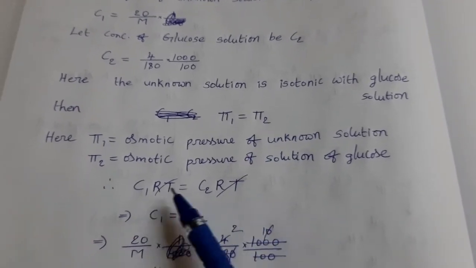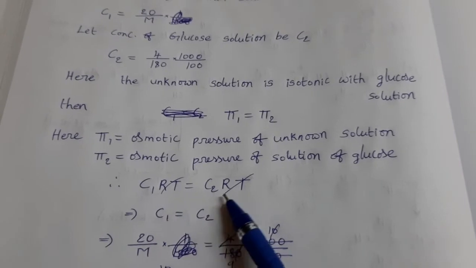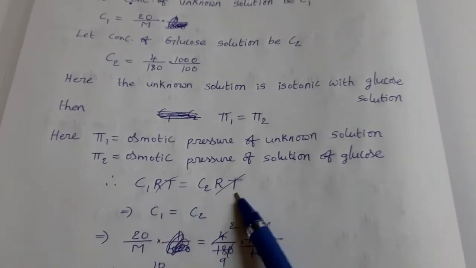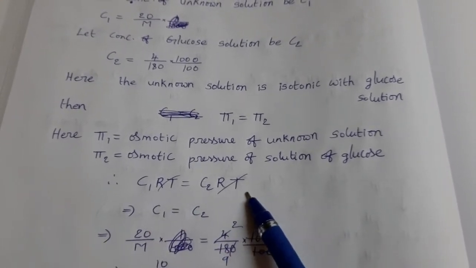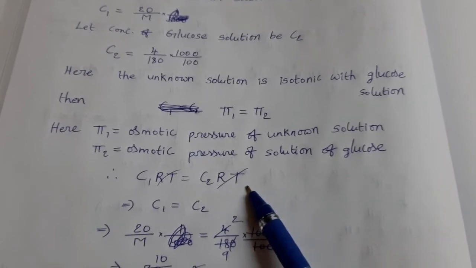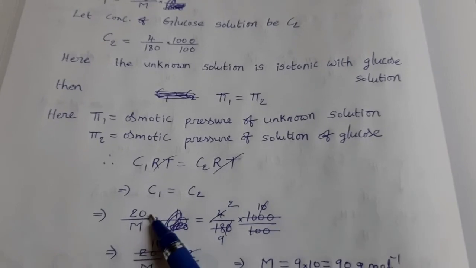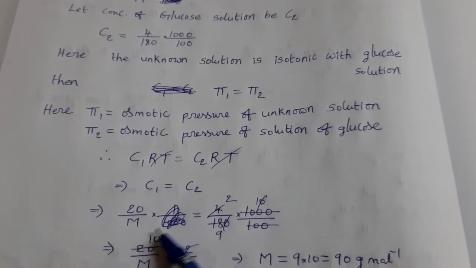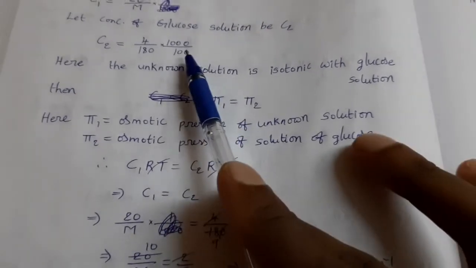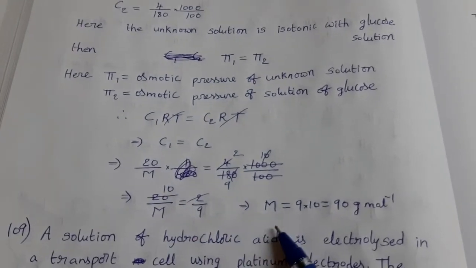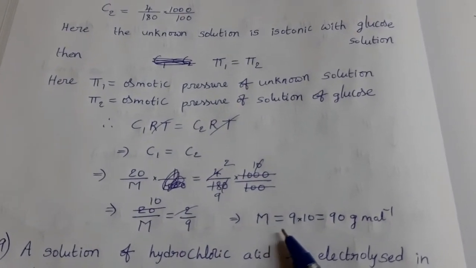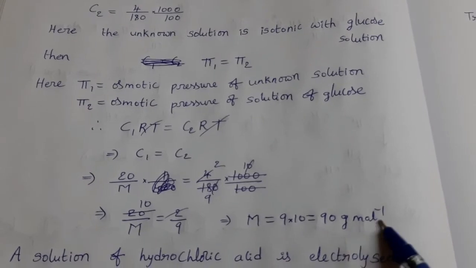We can equalize this: C1 RT equals C2 RT. On both sides RT gets cancelled because the two solutions are at the same temperature. What is remaining? C1 equals C2. Now 20 divided by capital M equals this one. Then finally we get the molar mass of the unknown substance as 90 gram mole inverse.